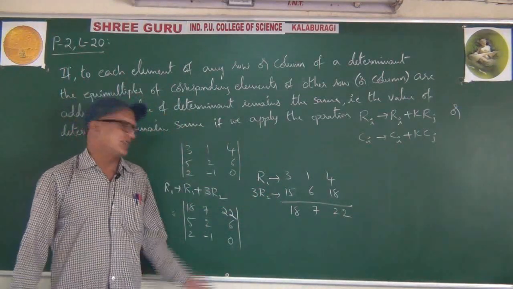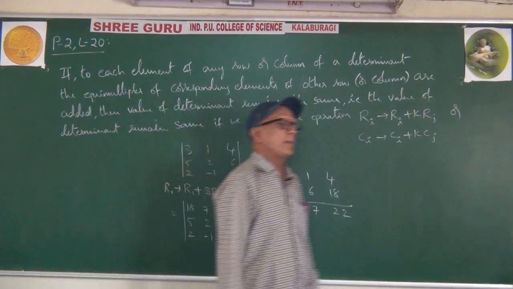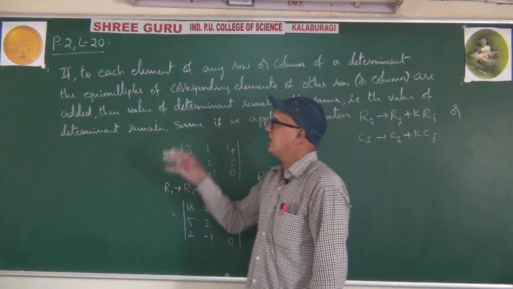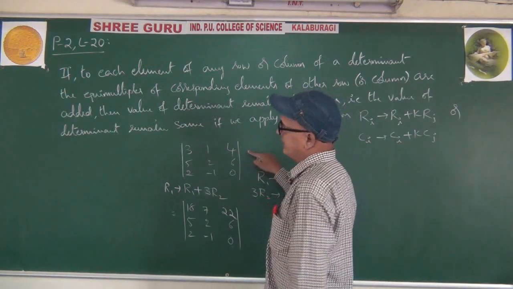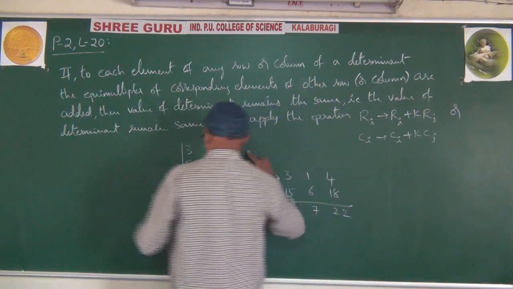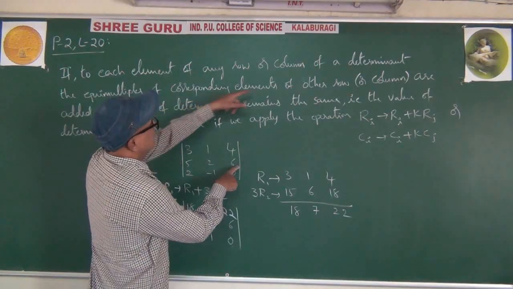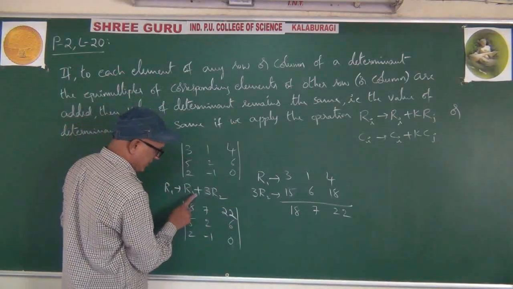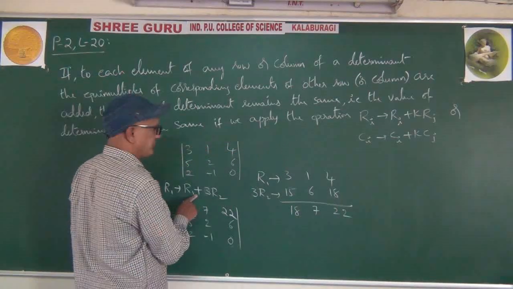That's what the property says. You can do it like this, and the same type of simplification you can do for columns also. If to each element of any row, otherwise column, of a determinant, the equimultiples of corresponding elements of another row are added, then the value of the determinant remains the same.